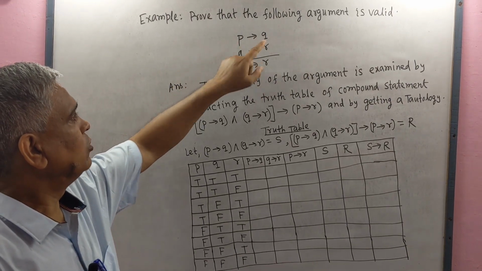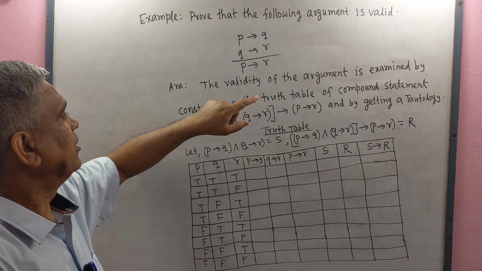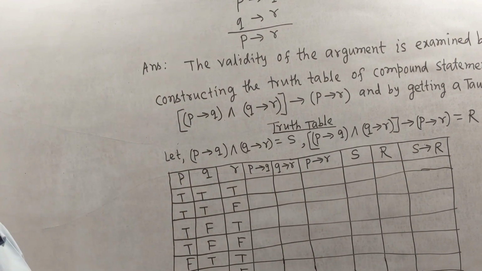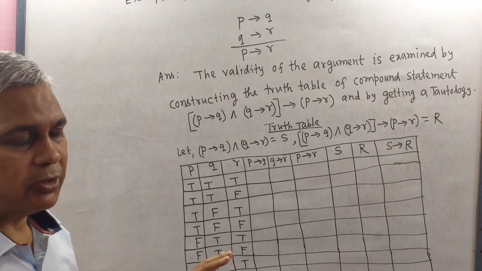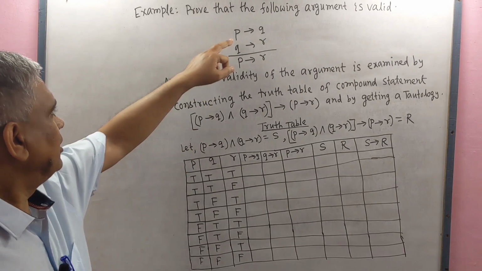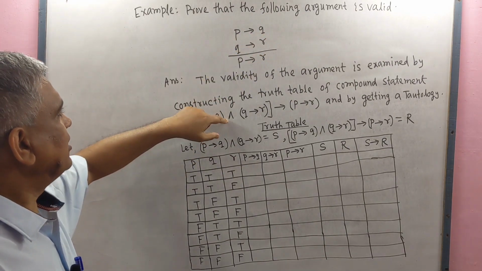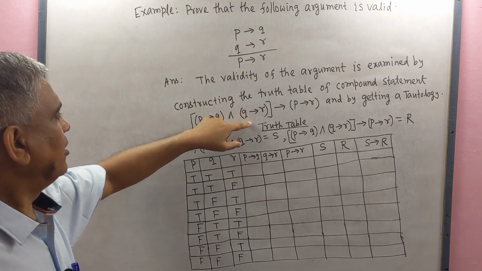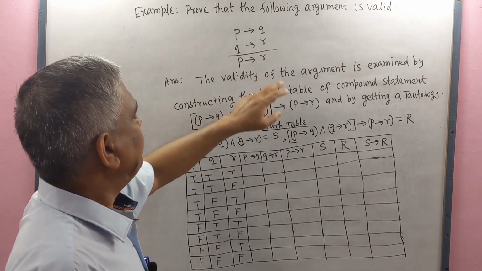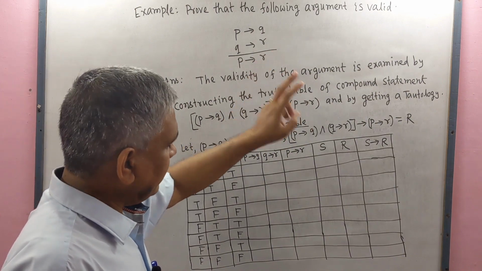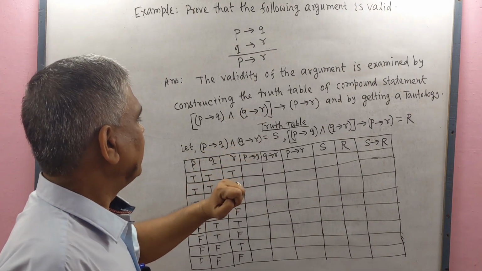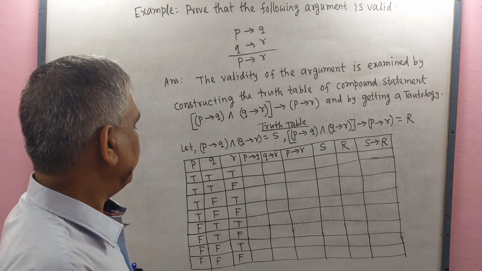P implies Q, Q implies R, conclusion is P implies R. The validity of the argument is examined by constructing the truth table of the compound statement ((P → Q) ∧ (Q → R)) → (P → R), and if we get a tautology from this compound statement, then the argument will be a valid argument.